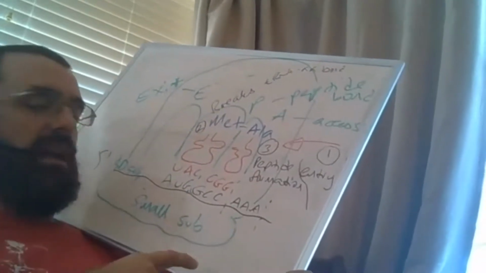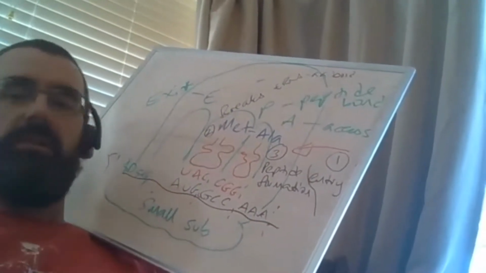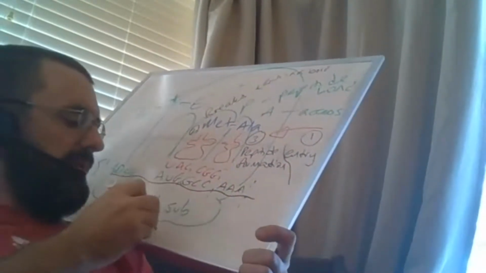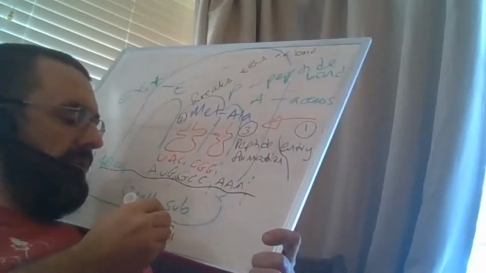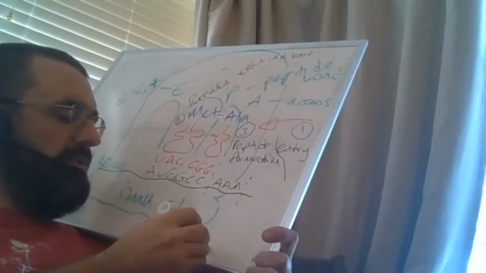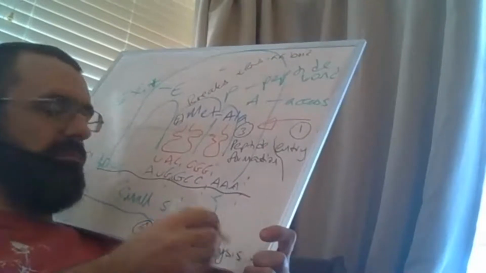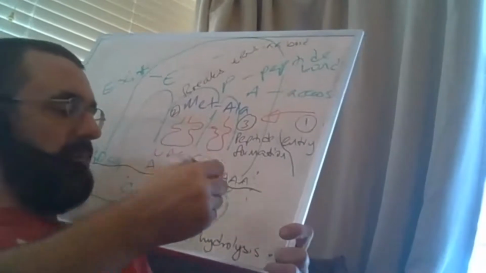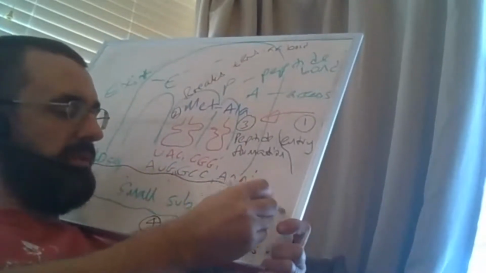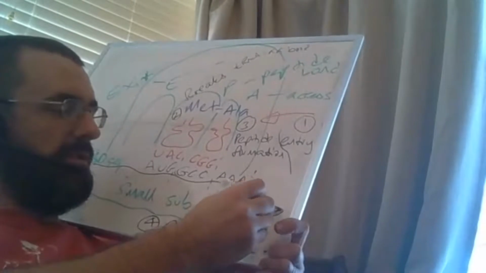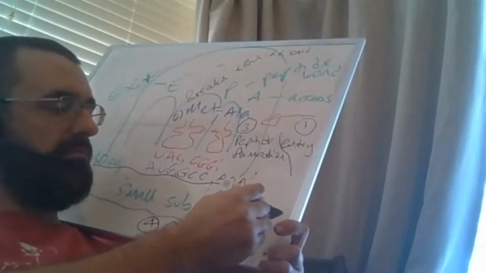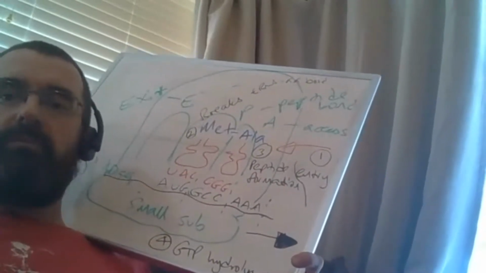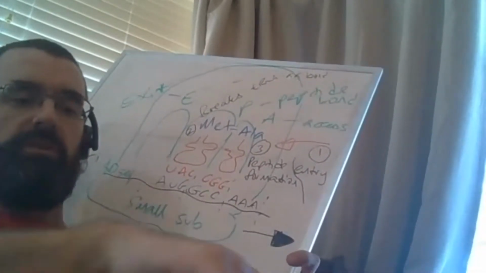And so now we have 4, GTP hydrolysis, right, is the next final step, and that moves the whole shebang down 1 codon, or along the mRNA by 1 codon.